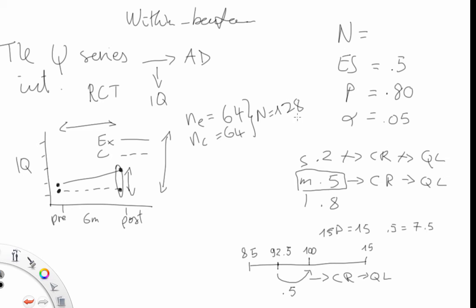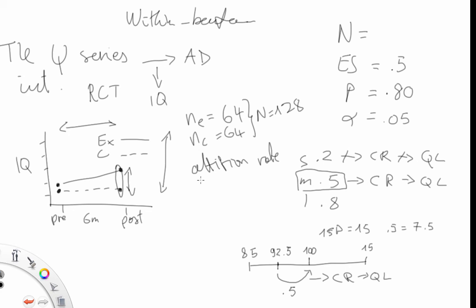Okay, so this is not the end, however, because we need a more precise sample size. This is just a theoretical sample size, and the reason is that participants will drop out by the end of the study, especially if you've got a 6-month intervention. Therefore we need to estimate our attrition rate, which can range from 10 to 30 to 40 to 50, 60%.